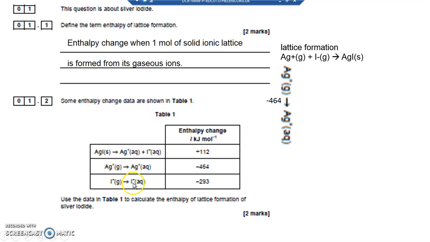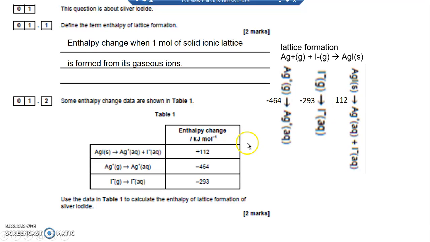Yes, we have I- gas going to I- aq, and the enthalpy change is minus 293. Have we got anything with AgI solid in it? Yes, we have. AgI solid going to Ag+ aq and I- aq, and we know the enthalpy change for that is plus 112.